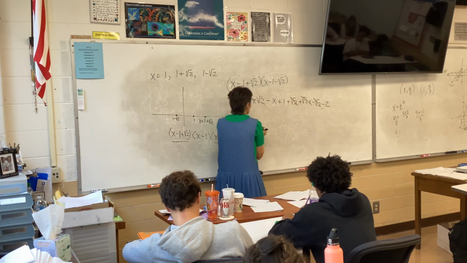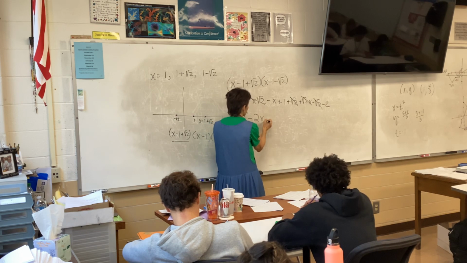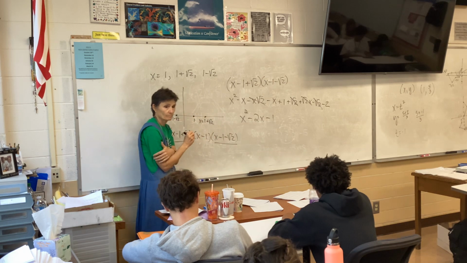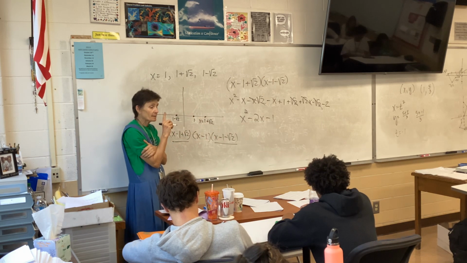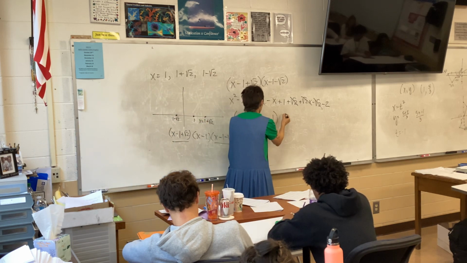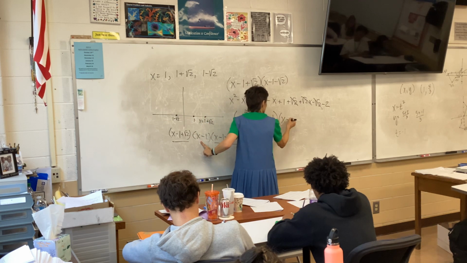Yep. So all I have left is x squared minus 2x minus 1. But I'm not done because I have to multiply that now times the other factor, which was x minus 1.